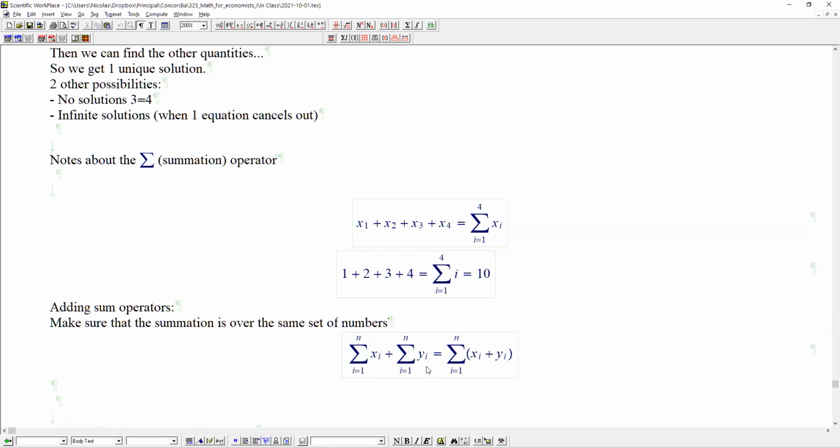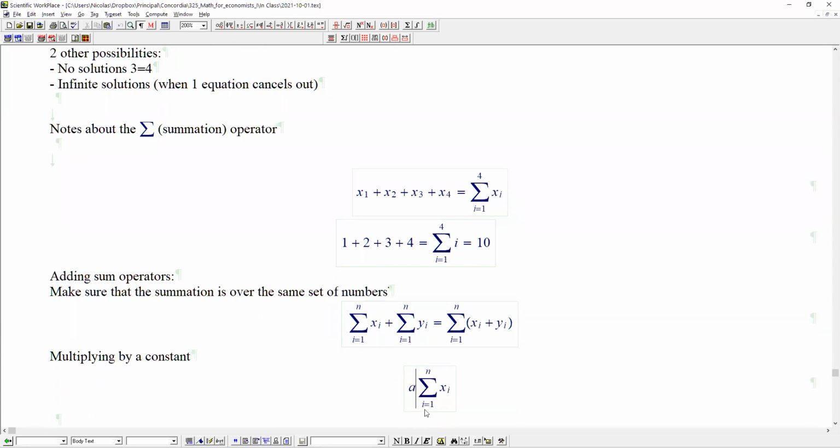All right, if you have then multiplying by a constant. So for instance, if I have a multiplying this, then it is equal to the sum of axi.